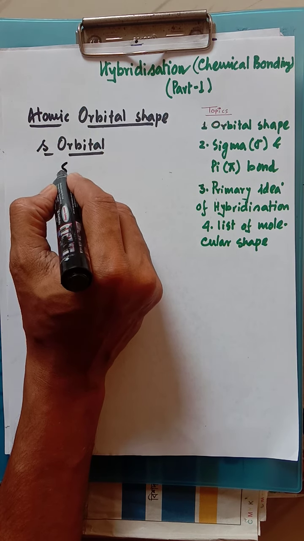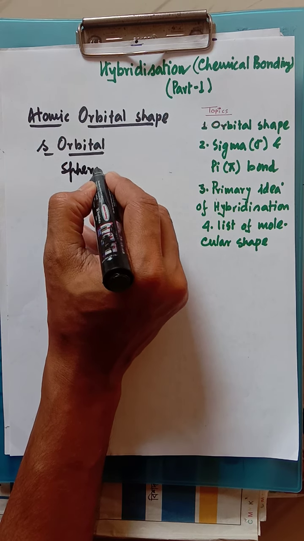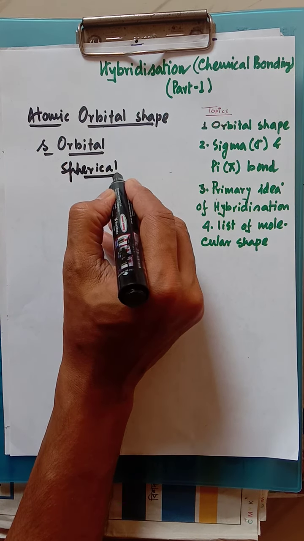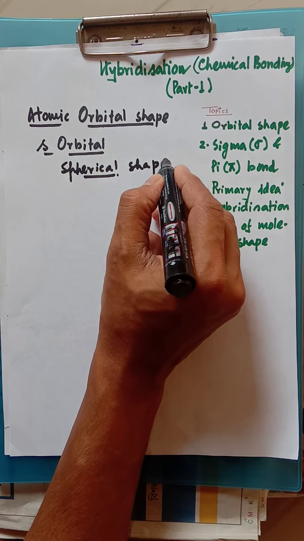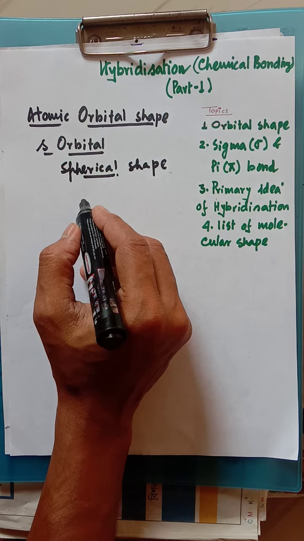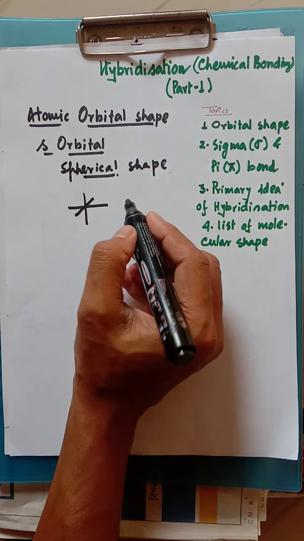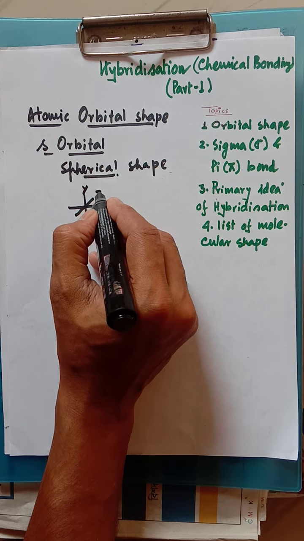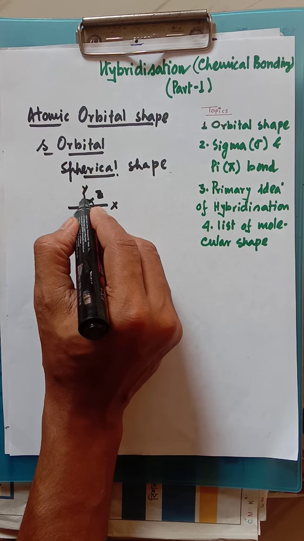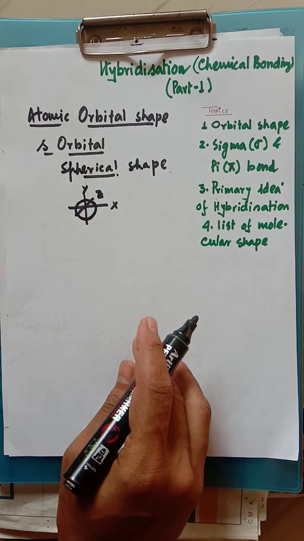The s orbital is spherical in shape. Spherical shape means football-like shape. That means there are three axes, let us consider x, y and z, and it is surrounded equally, distributed equally along the three axes.